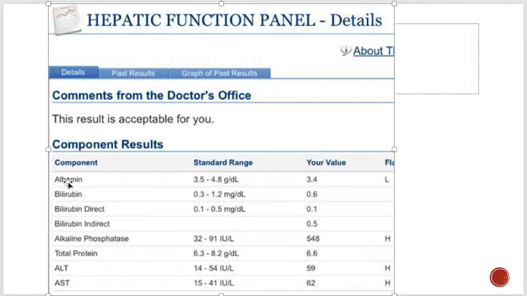So albumin and alkaline phosphatase play a role over here as well. Some labs also give prothrombin time, but I'm not talking about that here because it is also part of the coagulation profile, so we are going to discuss it there.